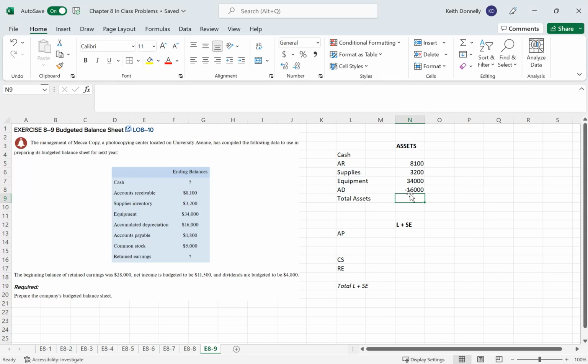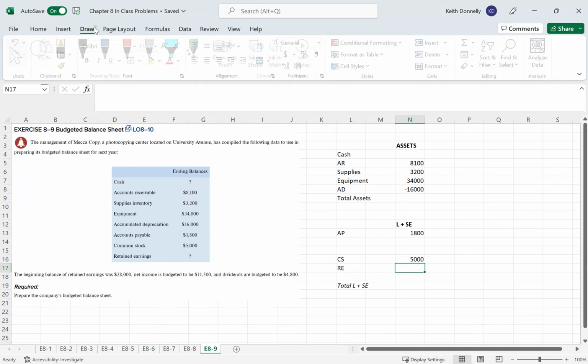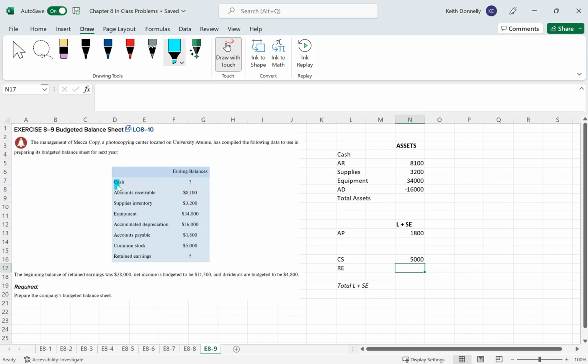If we go down here, our accounts payable, they're telling us $1,800. Common stock, $5,000. Then we have to do our retained earnings and our cash. These are the mystery numbers, our cash and our retained earnings.